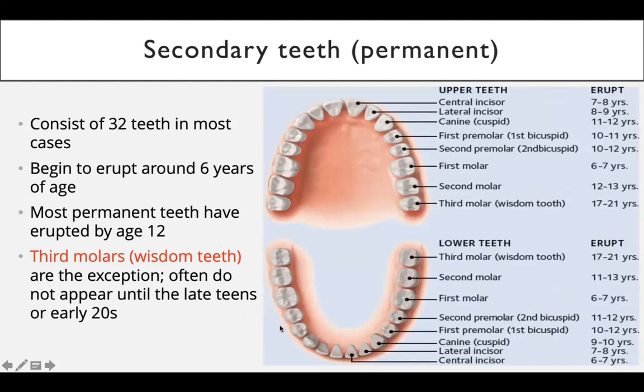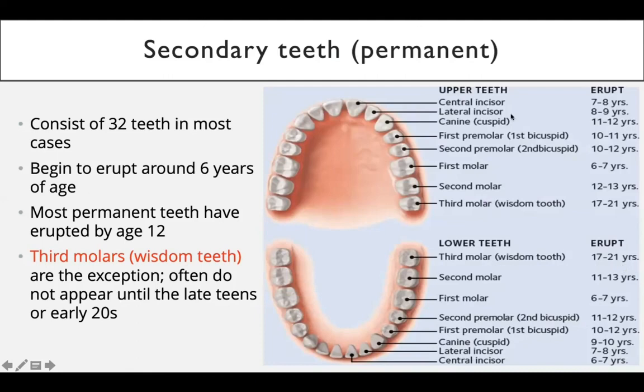Third molars, or wisdom teeth, are the exception. They often do not appear until the late teens, early 20s. That's why it's written here.